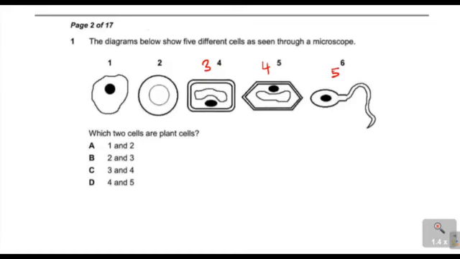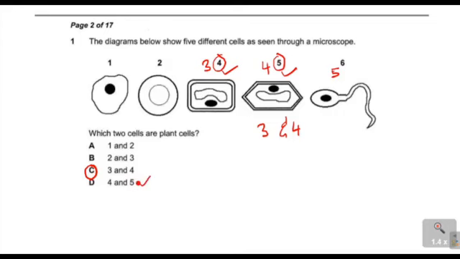So the plant cells will be the parasite cell and the spongy cell, which is 3 and 4. Okay, so the answer was C. If this was not corrected in an exam, since they wrote 4 and 5, you should have gone for this one.